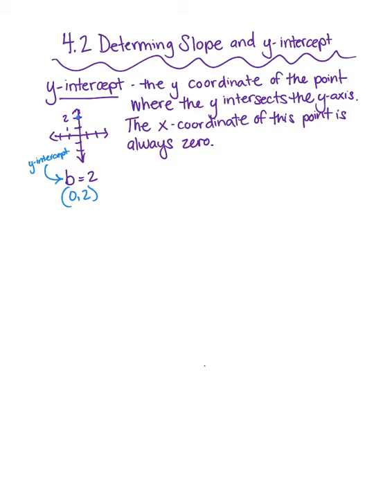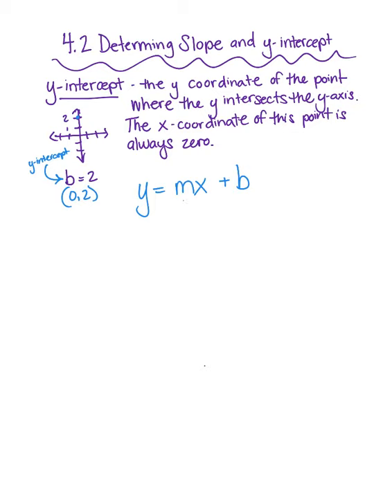And then we've already talked about the slope-intercept form, but I want to have you write it down again because you're going to be using it a lot. So y equals mx plus b. And you know all of these symbols.